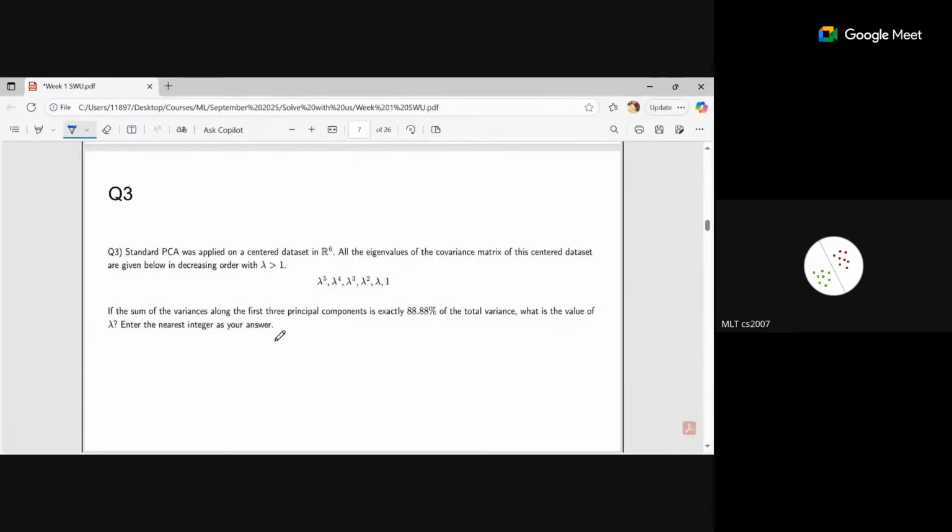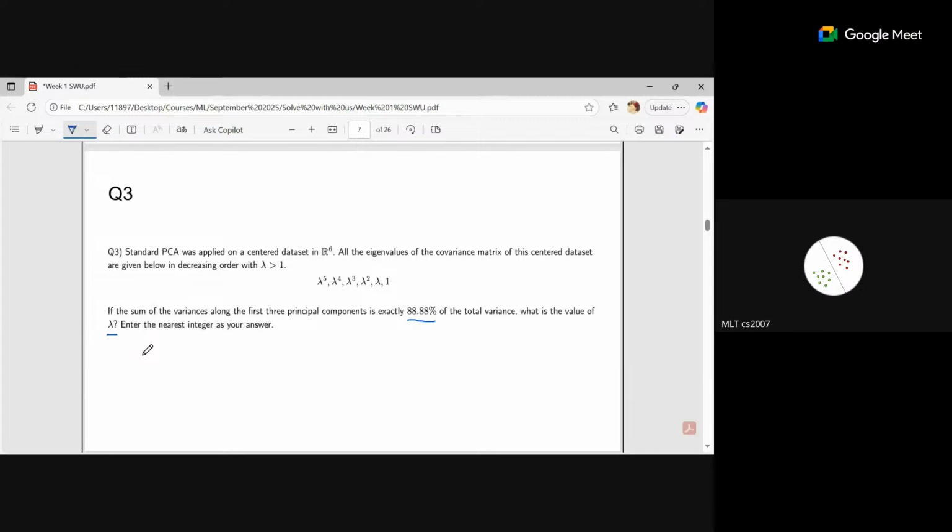The eigenvalues are lambda to the power 5, lambda to the power 4, and so on, and this lambda is given to be greater than 1. Now, if the sum of the variances along the first three principal components is exactly 88.88% of the total variance, then what is the value of lambda? So you need to figure out the value of lambda.